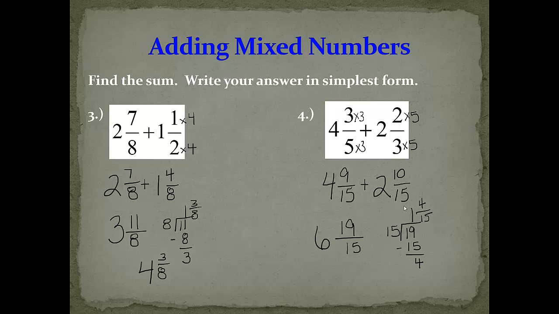And now we can't forget that we take this 1 that we just got and we add it to the 6 that we already had. So 6 plus 1 is 7, and then we have 4/15. So 6 19/15 equals 7 4/15.